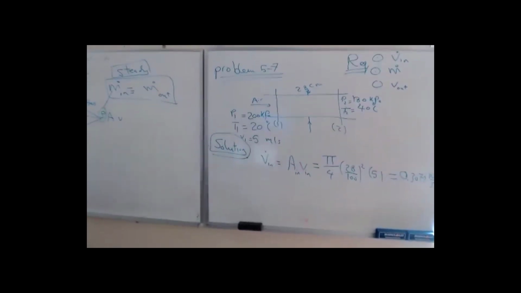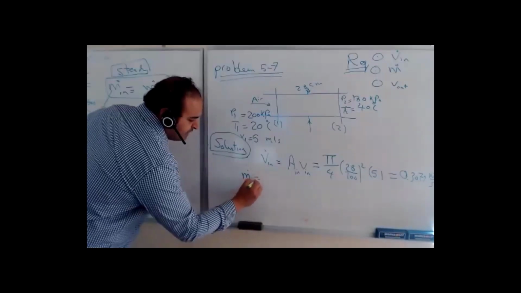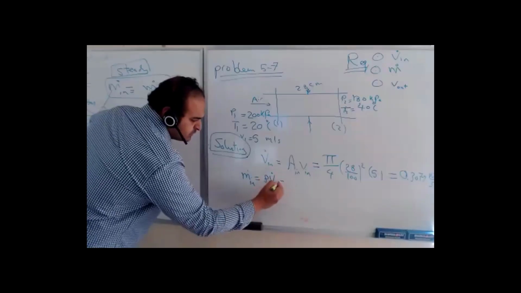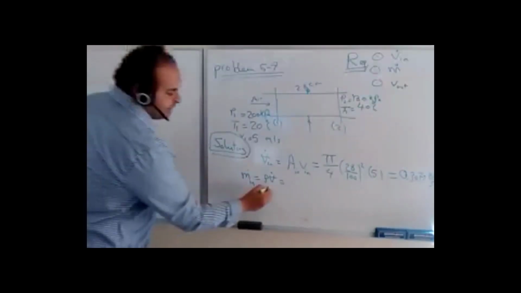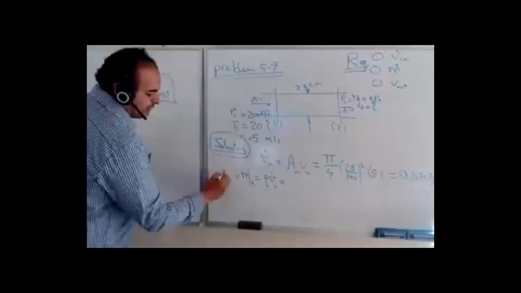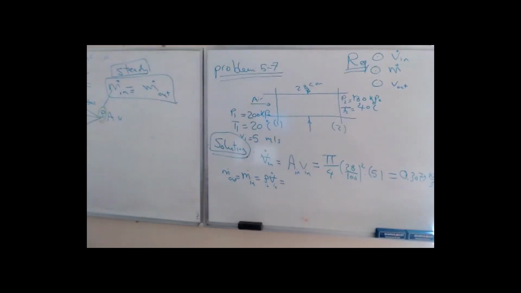Yeah. The second requirement, m dot. Just rho A V. We already get A V, so rho times V dot. Rho is what, guys? Can somebody tell me what's rho? Actually, rho inlet equal rho outlet. So that's a matter of getting it from there or here. But we have everything at the inlet.